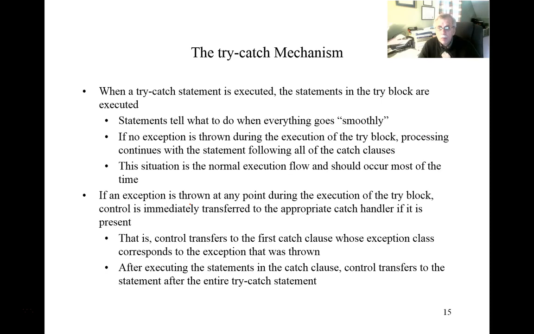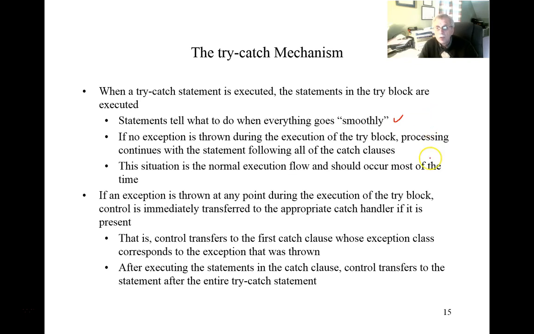When a try-catch statement is executed, the statements in the try block are executed. The statements tell what to do when everything goes smoothly. That is, presumably we'll execute all of the statements in the try block if no problems arise.